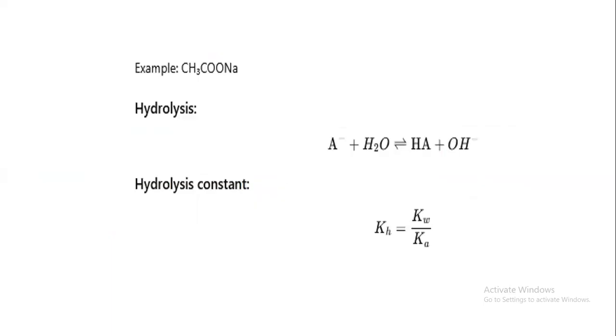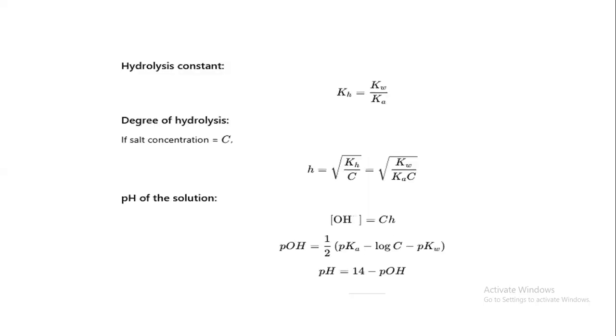For example, sodium ethanoate undergoes hydrolysis, reacting with water and producing hydroxide. So the hydrolysis constant Kh is Kw over Ka. We will find the hydrolysis constant Kh, the degree of hydrolysis, and the pH of the solution.